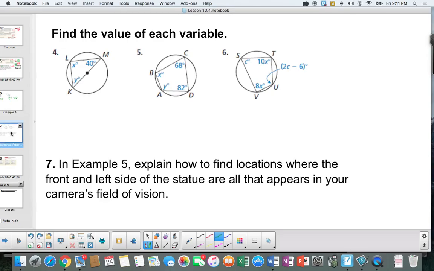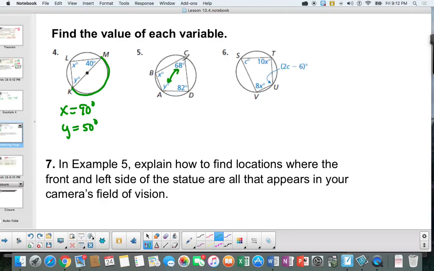All right, your turn. All right, then let's go ahead and find the answers. X will be equal to 90, and that's because it's intercepting a semicircle, and Y will be equal to 50. And these three angles will add up to 180.